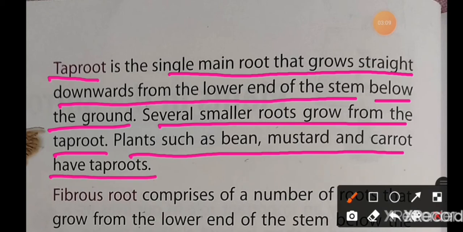From the main root, several smaller roots grow.